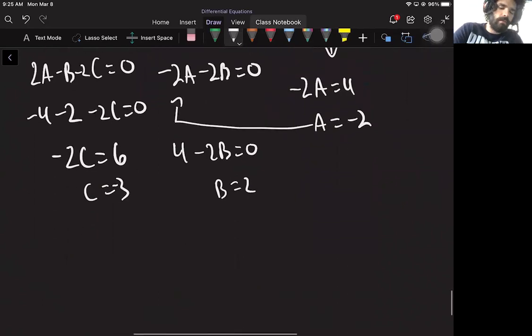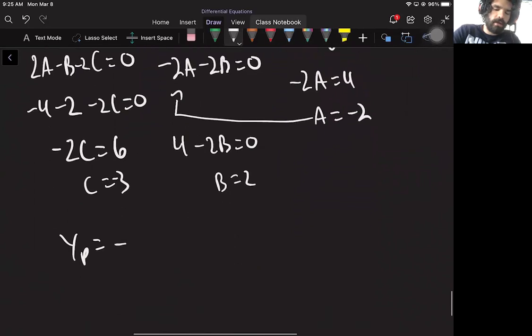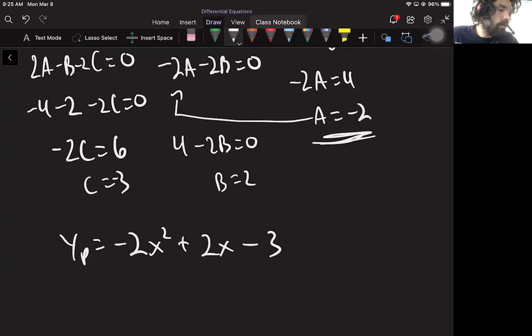All right, so now what's YP? So now I just plug A, B, and C back in. -2x squared plus 2x minus 3. So then what's Y? My final general solution.